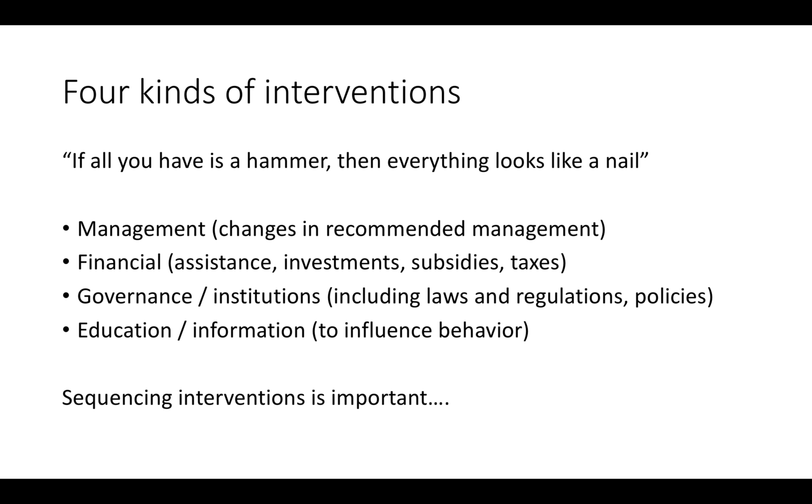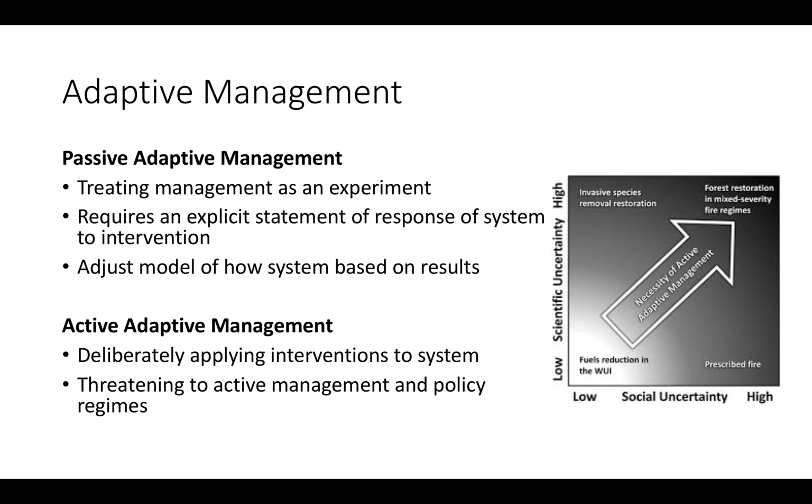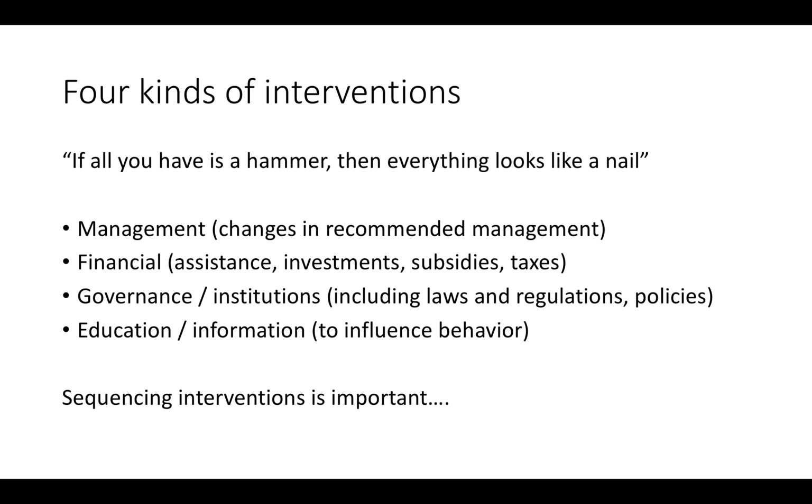So the different kinds of interventions that were discussed include management, so changes in recommended management practices, financial intervention, providing assistance, making investments, government subsidies or taxes, governance and institutions, so in changing the laws or regulations or changing policies that guide management, and education or information to try to influence behavior.